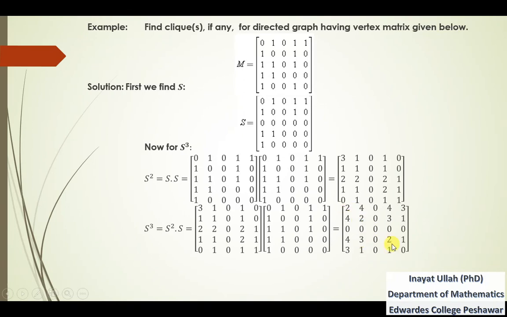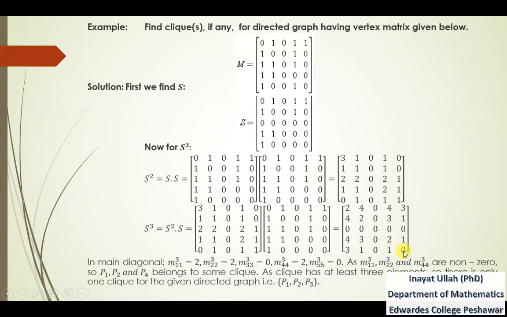And now from the main diagonal of this S cube, this element is M11 cube, this is M11 cube, M22 cube, M33 cube, M44 cube, M55 cube. So in the main diagonal M11 cube is 2, and so on.